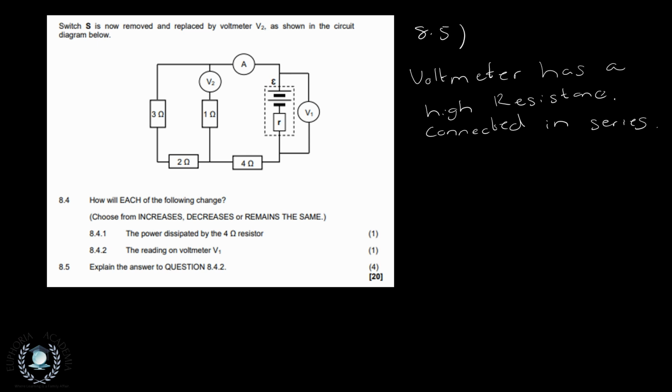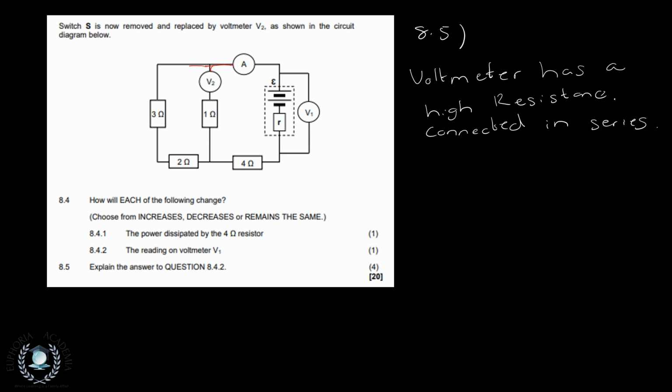That essentially means that we still have a parallel circuit, mind you, right? That means if the resistance is high there, the current does not really want to flow through a high resistance. Electricity will always choose the path of less resistance.